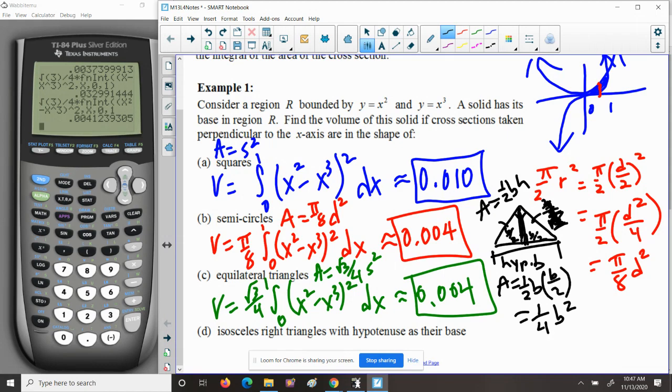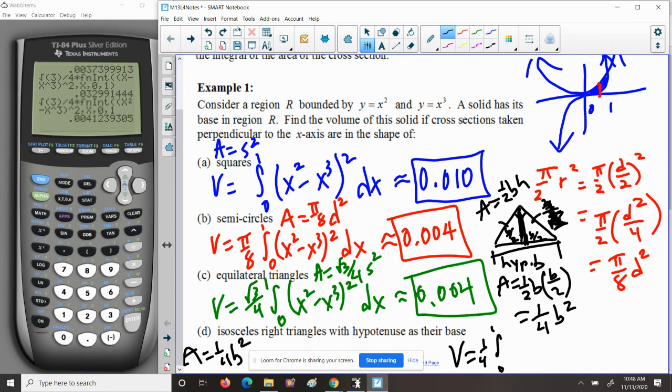So now we can always say anytime we see isosceles right triangles with hypotenuse as the base, we know that formula is 1/4 times the base squared. We don't have to draw that every time. We know that's the equation. So if we want to find the volume, we need to take 1/4 times the integral from 0 to 1 of the base squared.